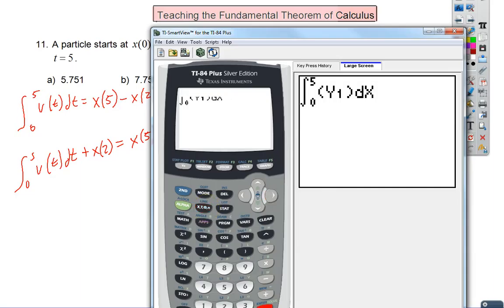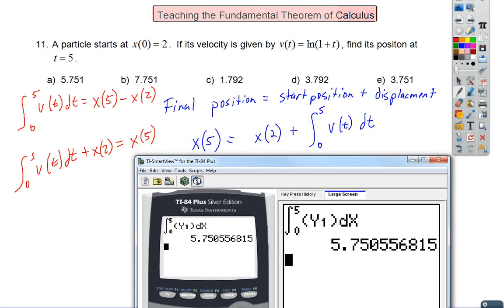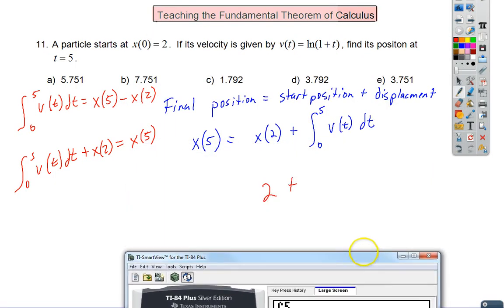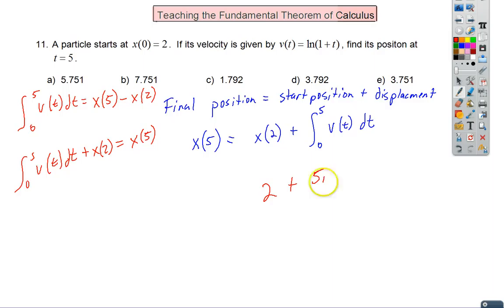And I hit enter. 5.751. 2 plus 5.751, which is equal to x of 5, which is equal to 7.751. Answer choice B.